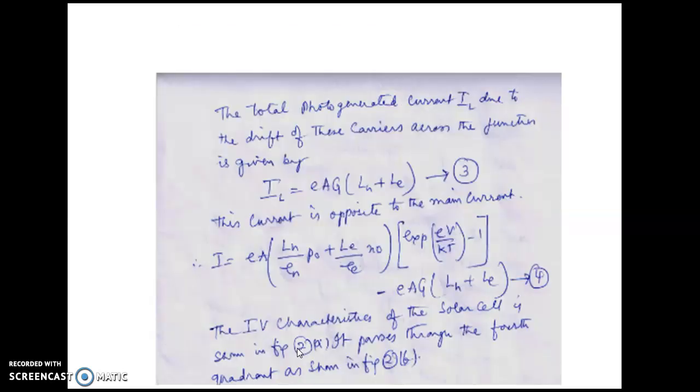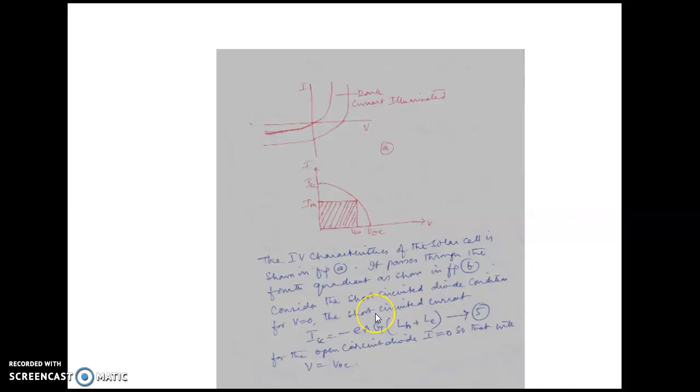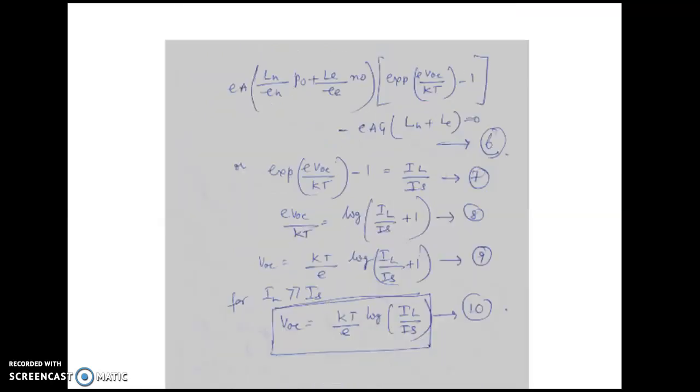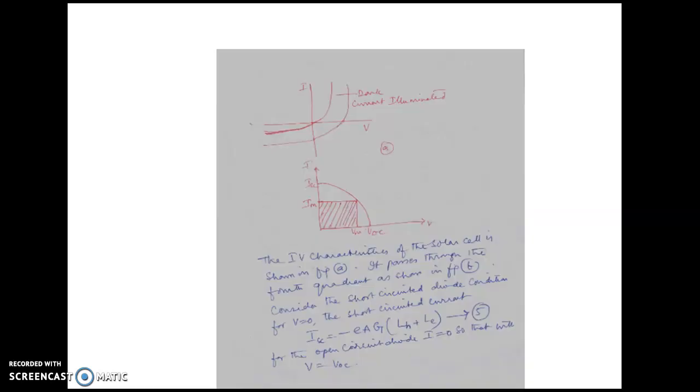So the total photo-generated current is given by IL. So the third equation, the fourth equation you get, and we'll draw the characteristic curves, and the short circuit current is expressed in this way. These are equations you can derive easily. This is the current equation.